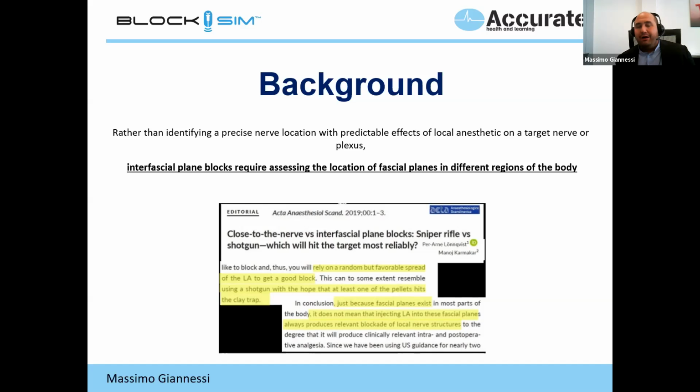So this article was a little bit skeptical in 2019. So we are talking about very recent things, very close to us. They said a nerve block is like having a sniper rifle. Instead, interfascial plane blocks are like having a shotgun. So is it good? Is it bad? But actually, it's the only way to get some targets.